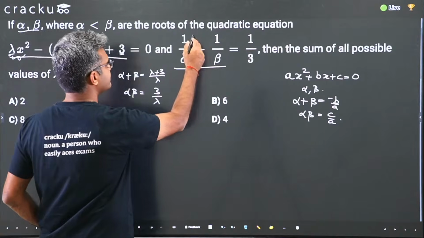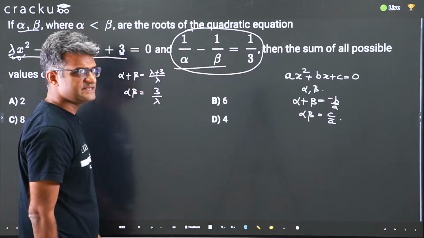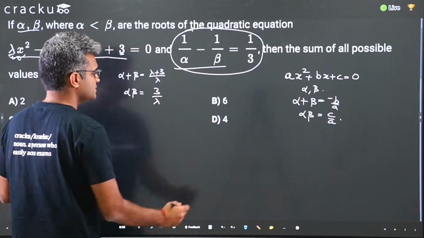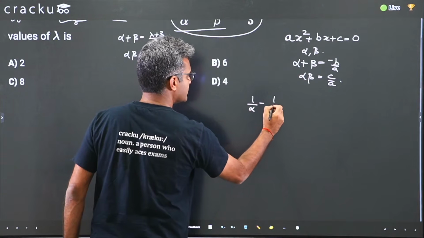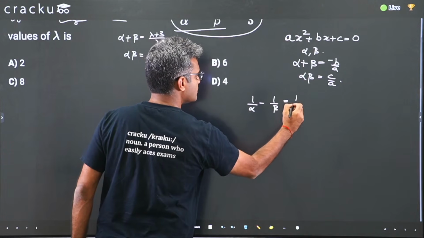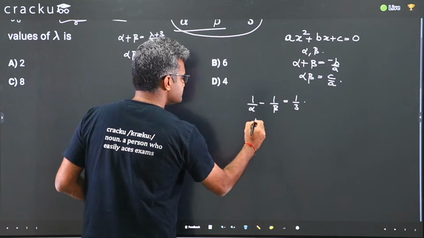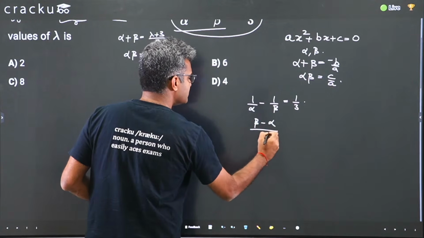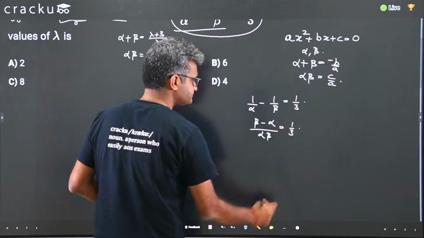What we are given in addition to it is that 1 by alpha minus 1 by beta is equal to 1 by 3. On the left hand side, you are going to get beta minus alpha divided by alpha beta is equal to 1 by 3.